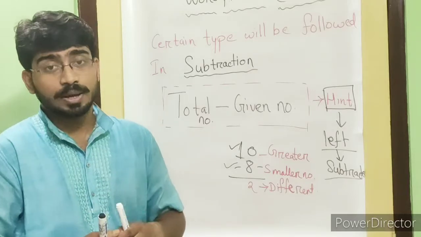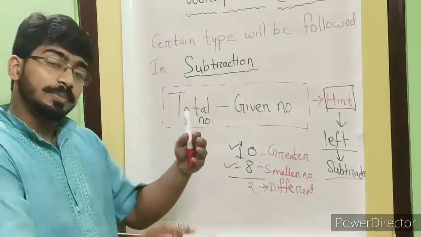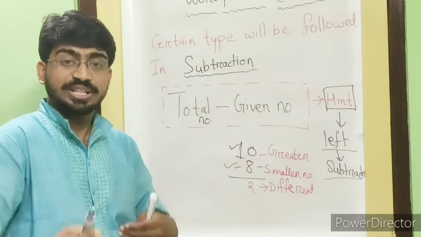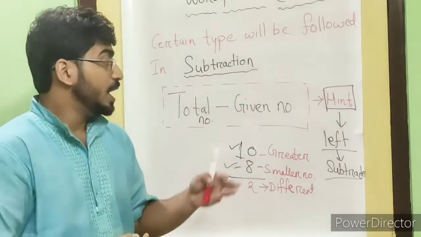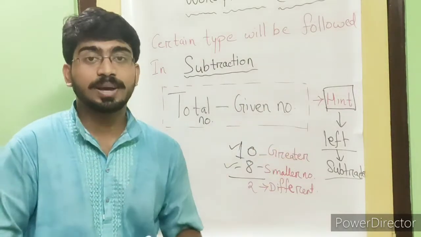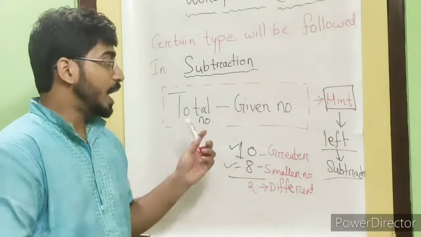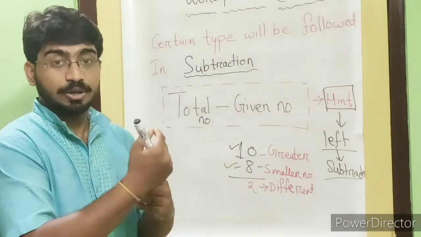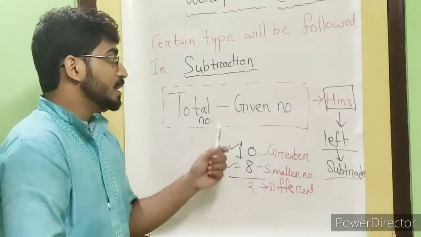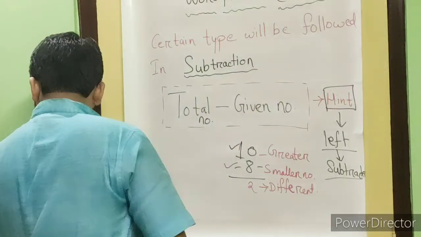This kind of thing will come. I know that the total number will be given by us, your teachers or the question setters, and the given number will also be given by us, but I need to name that particular term. That's why I have given the name given number.